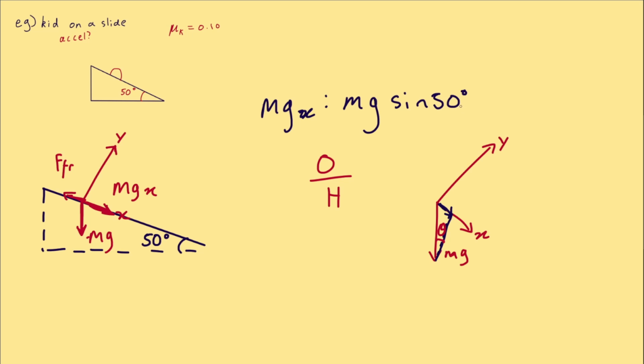So sine of 50 degrees, this angle inside here, is opposite, which is here, over hypotenuse, which is gravity. And same with the y component. The y component is this. And because of interior angles, we know this is 50 degrees. The adjacent side over the hypotenuse. That means the y component is cosine 50.